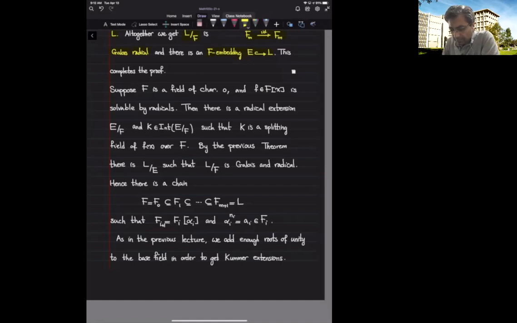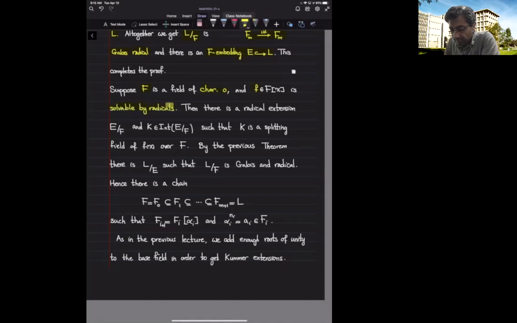Because I don't want to get certain complications from a separability condition, I'm going to assume that my field is a characteristic zero field. Then I start with a polynomial small f, and I assume that it is solvable by radicals. What does that mean?